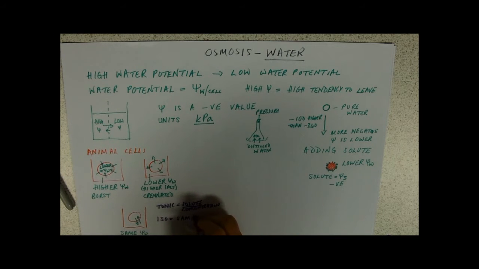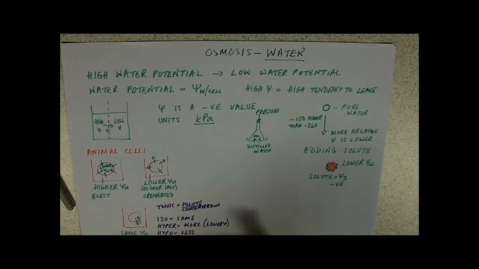So isotonic, same solute concentration outside and in. Hyper means more solute. So there, of course, we're talking about the solutions having a lower water potential. And hypo means less or under. A hypocaust is under a Roman floor, and therefore they have higher water potentials.